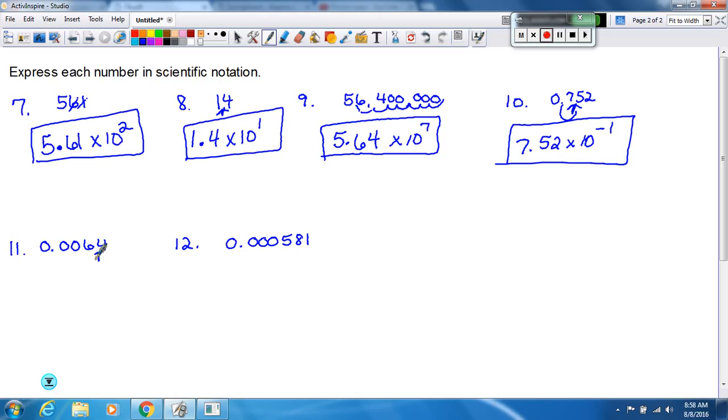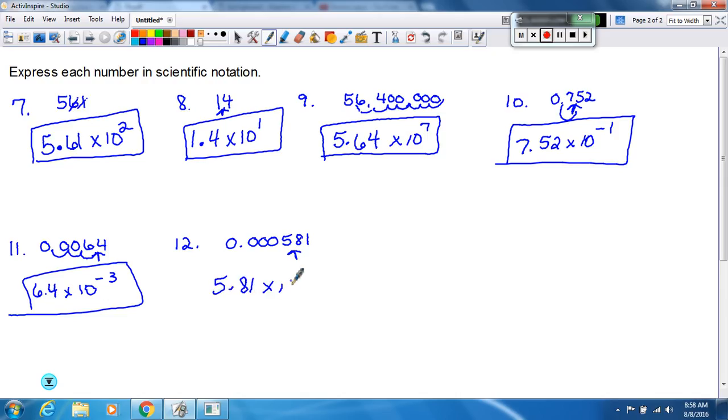I put my decimal after the first non-zero number, so 6.4 times 10 to the negative, and we moved it 1, 2, 3 spaces. And this one, the decimal would go right here between the 5 and the 8. 5.81 times 10 to the negative 1, 2, 3, 4.